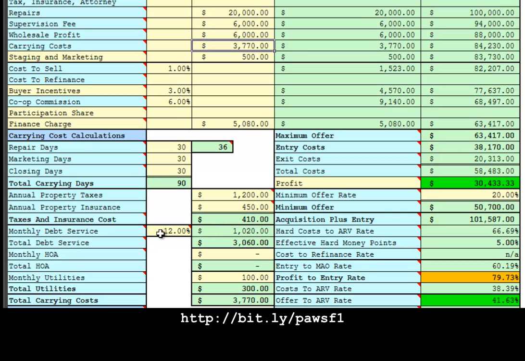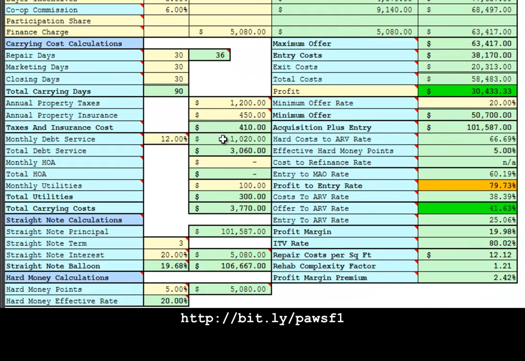We've also included 12% annualized debt service, interest only, on the amount borrowed, and that comes to $1,020 per month in interest-only debt service. This is included in your total carrying costs. I'm also guessing $100 per month for utilities.